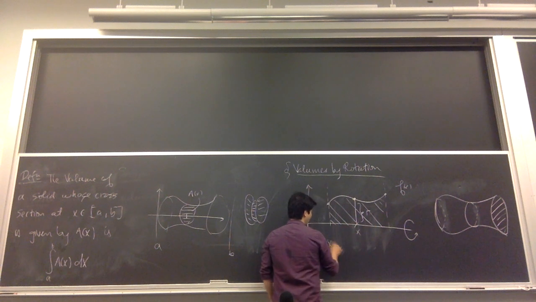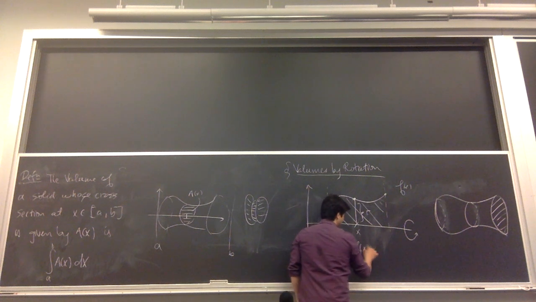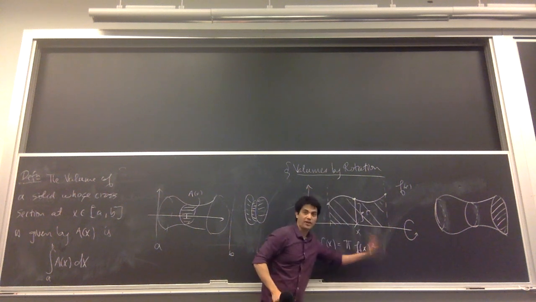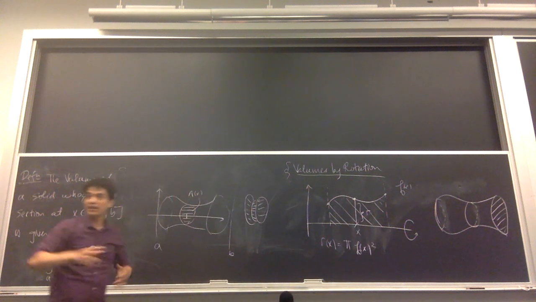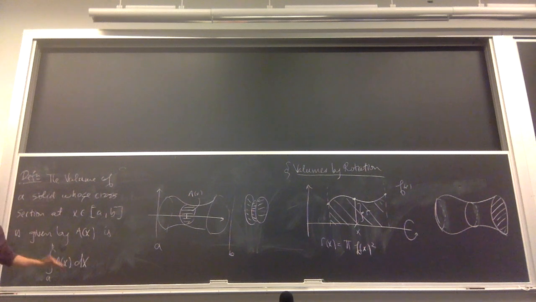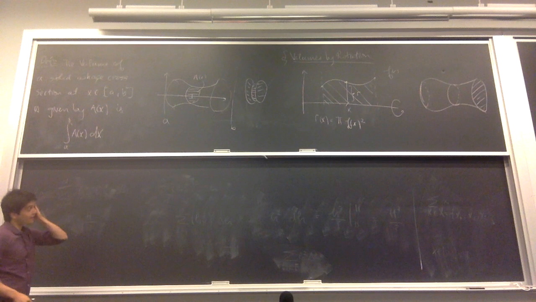So the radius at x is just going to be f(x), so the area is pi f(x) squared, pi r squared. Right. So if we're asking you to rotate something, there's a very natural area to choose. All right, so let's do an easy one first, and then we'll do the sphere.